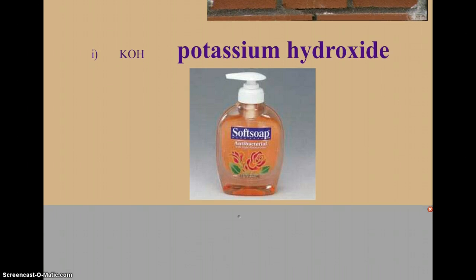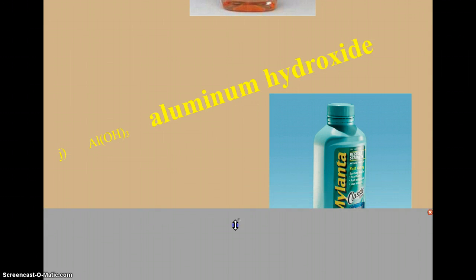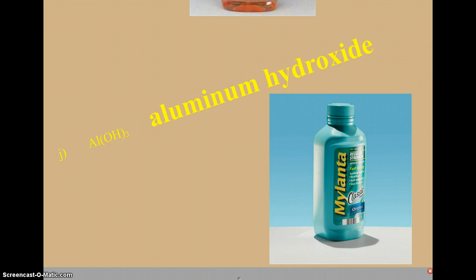As you remember, bases are much more prevalent in the cleaning and detergents and all that kind of stuff. Aluminum hydroxide is one of our several bases that can be used for antacids. That's where that name comes from, antacids. They counteract the acid in your stomach. But aluminum hydroxide is found in this classic milk of Mylanta.